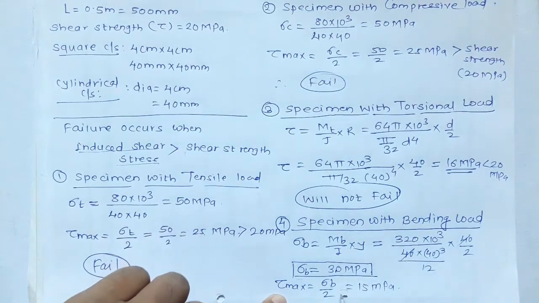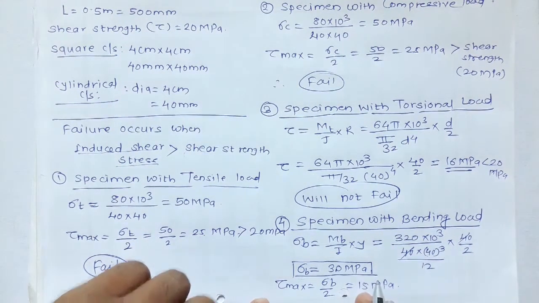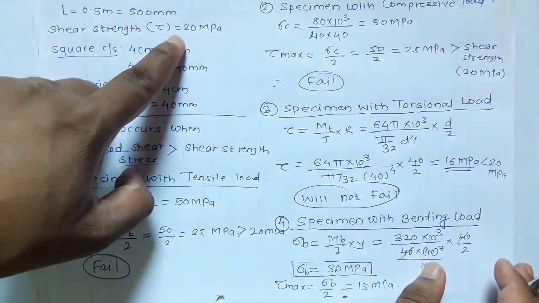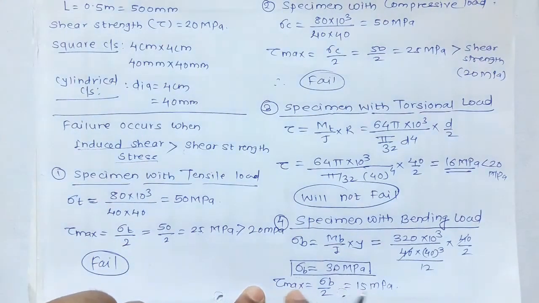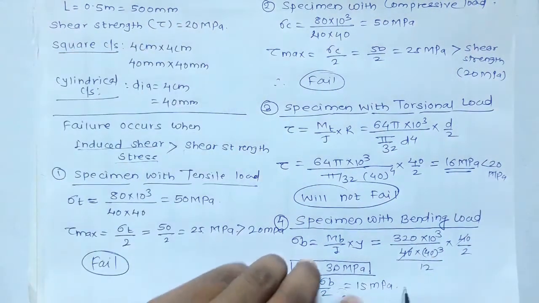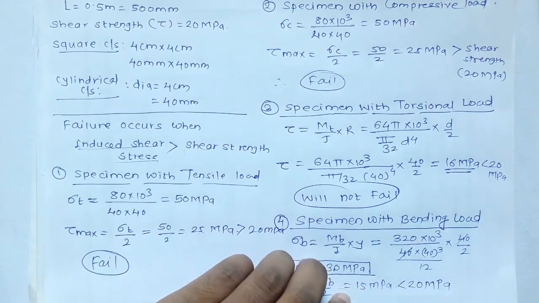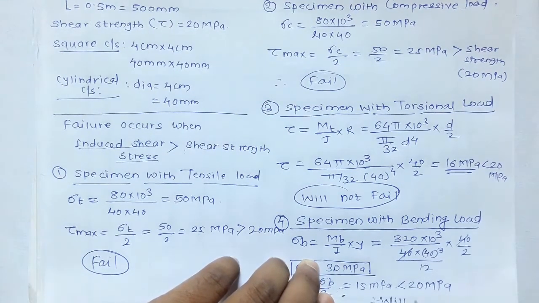Now if you compare this maximum induced shear stress with the shear strength of this material, we can find that it is less than shear strength. So 15 megapascal is less than the shear strength of 20 megapascal, and therefore this specimen will not fail.